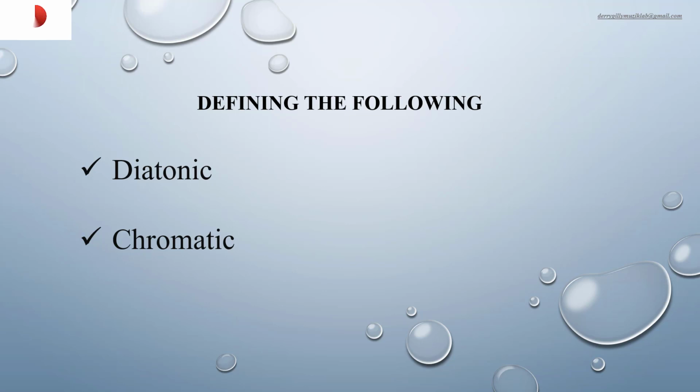So the term chromaticism refers to those altered pitches that lie outside the range of a particular collection of pitches. We will hear the word chromaticism from time to time to describe those altered pitches and their effects in music.